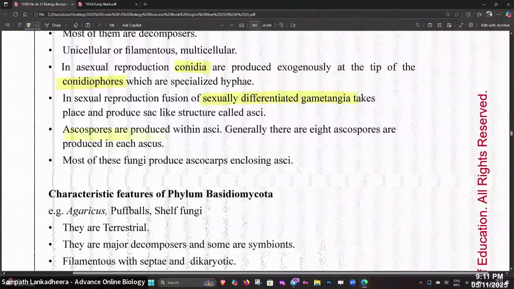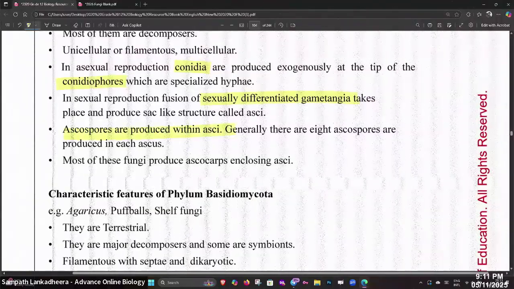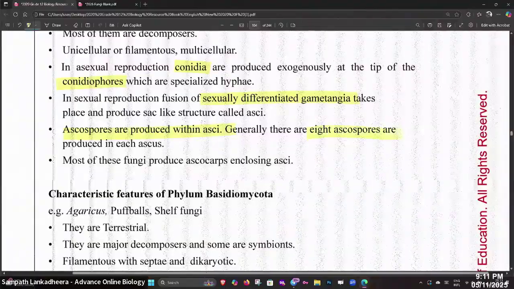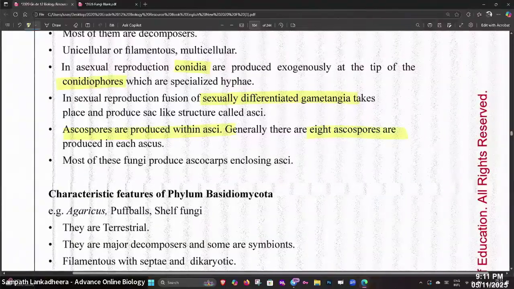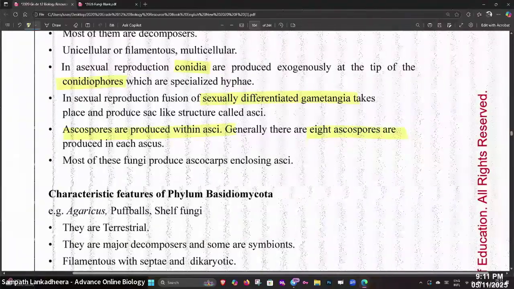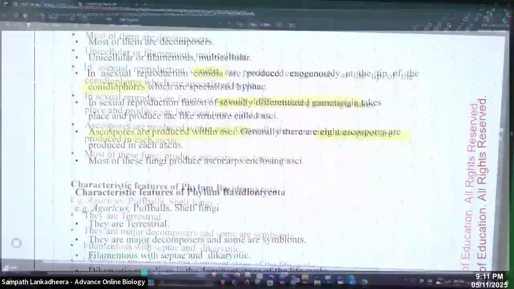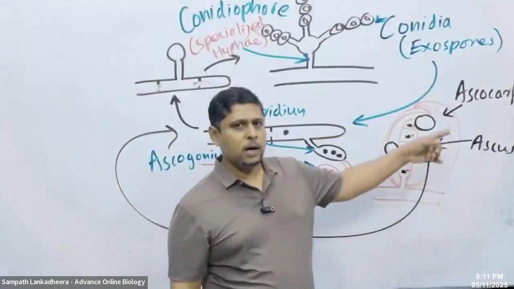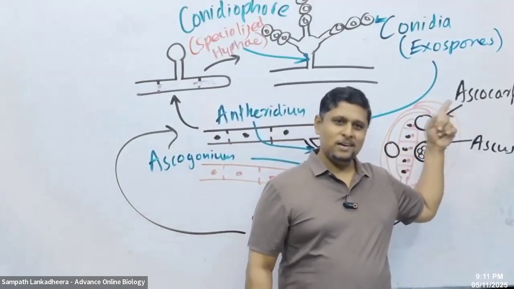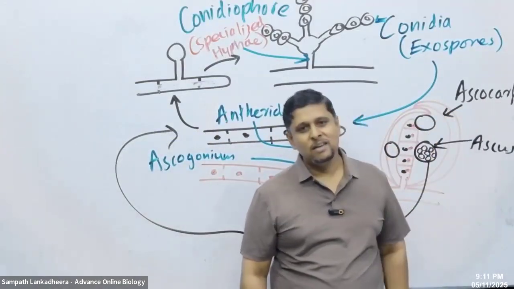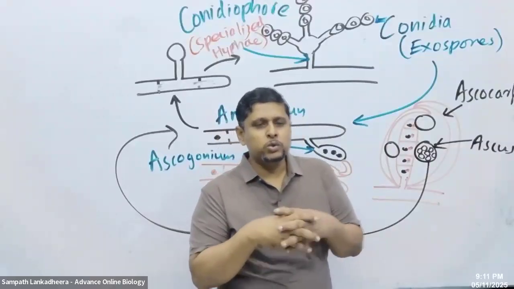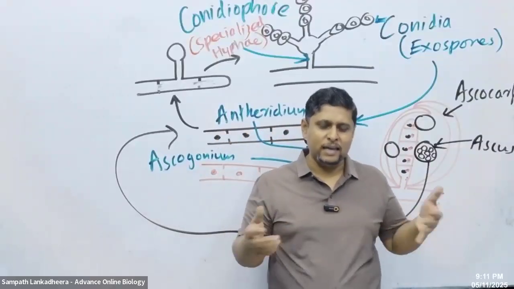Ascospores are produced within asci. Generally, there are 8 ascospores, and most of these fungi produce an ascocarp. I mentioned the ascocarp here, right? So they form ascocarps.